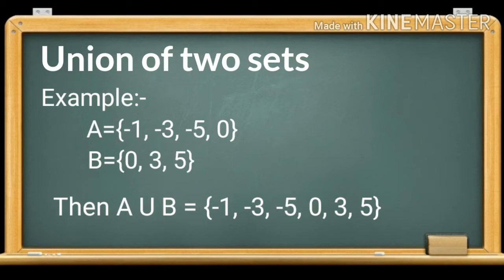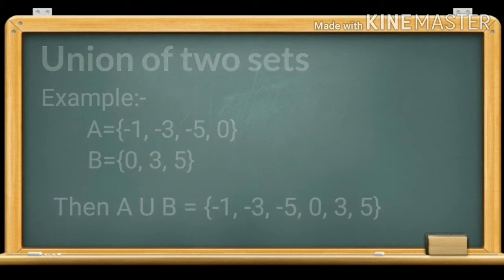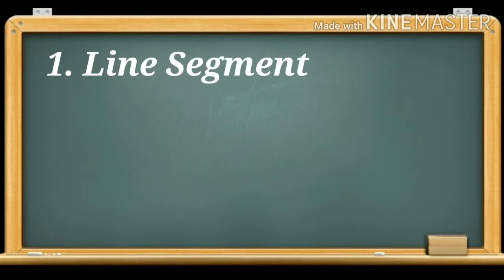Now we will see first is line segment. Line segment means what? You have already learned line segment in previous classes. Now we will see definition of line segment in terms of union.